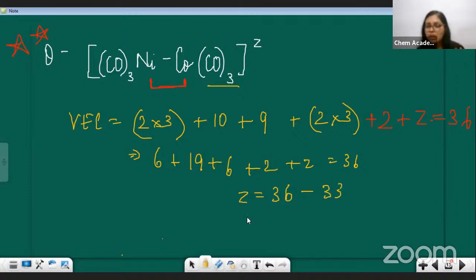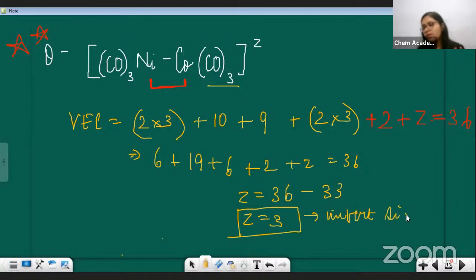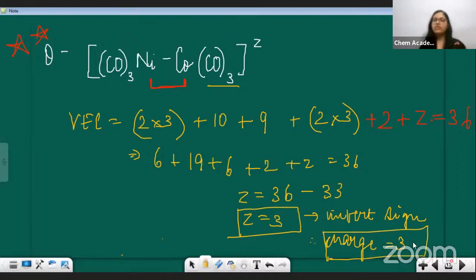So Z is coming out to be 9. But since I have already told you that in case of the charge on the sphere, we invert the sign. So again, we are going to invert the sign. Therefore, charge is coming out to be positive 3.